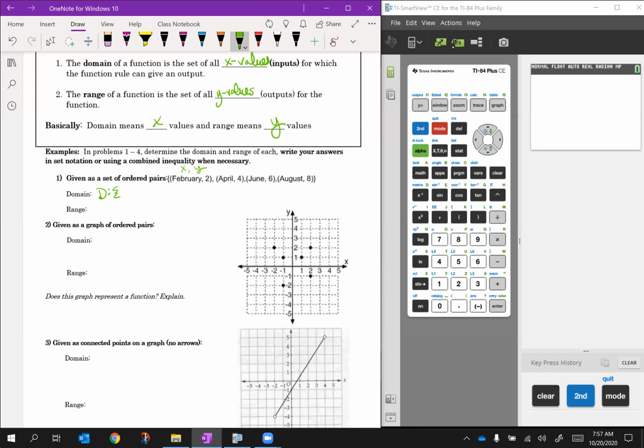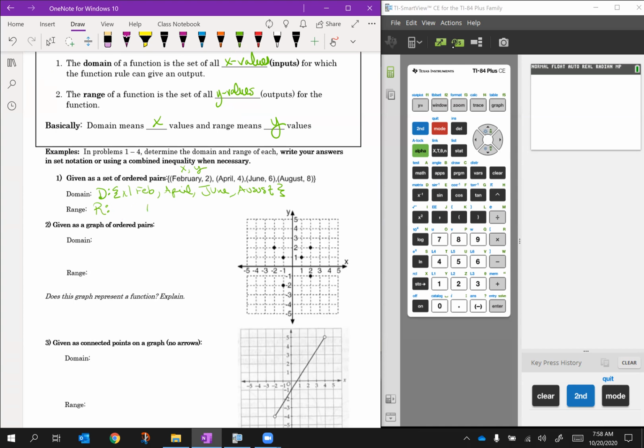So our x values are going to be February, April, June, and August. Our range or our output values are going to be 2, 4, 6, 8.